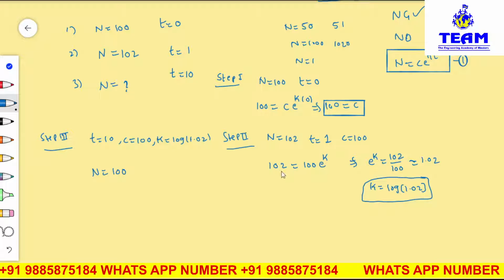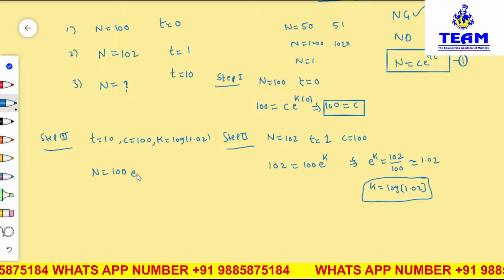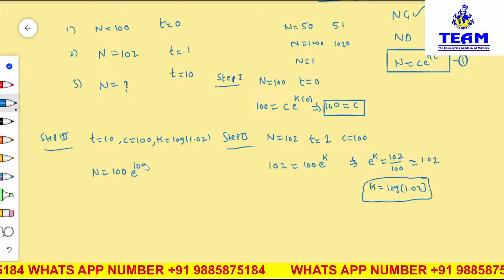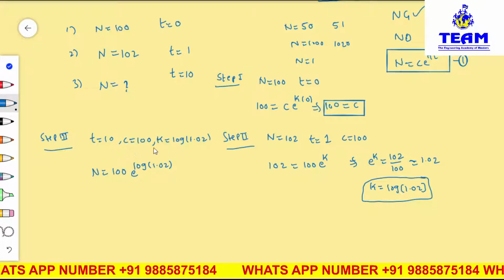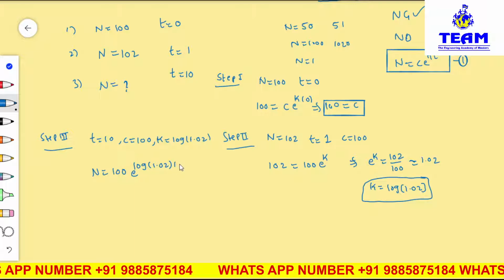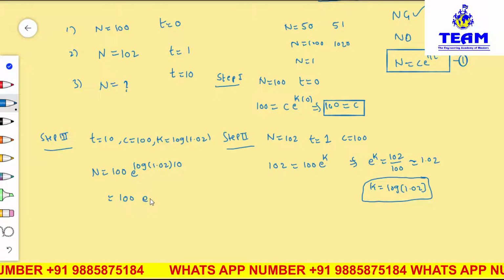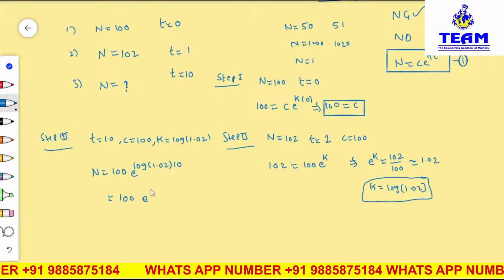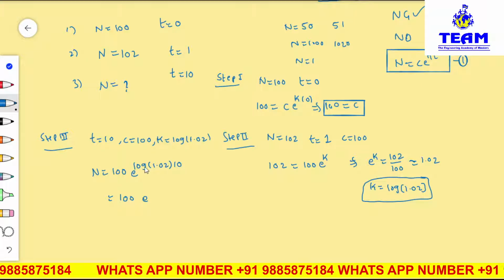Otherwise, instead of e power k, I am writing e to the power of k, what is the k? Log of 1.02 into t. What is the t here you have? T is 10, so I am writing 10 here. If I want to simplify this, 100 e to the power of, see friends, this is m log n type, so you will get log m power n.